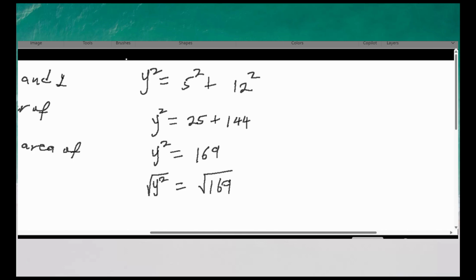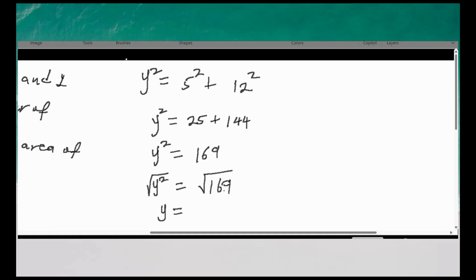Just as we did for the x, the square root means raised to the power half. So the square root is going to deal with this square. At this side we're going to be left with y, because the power of y is going to be 1, and y raised to the power 1 is y.